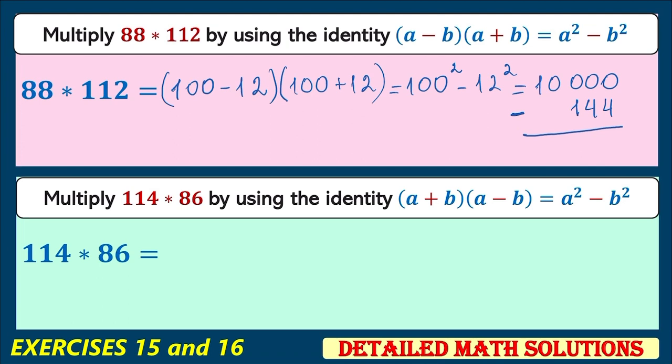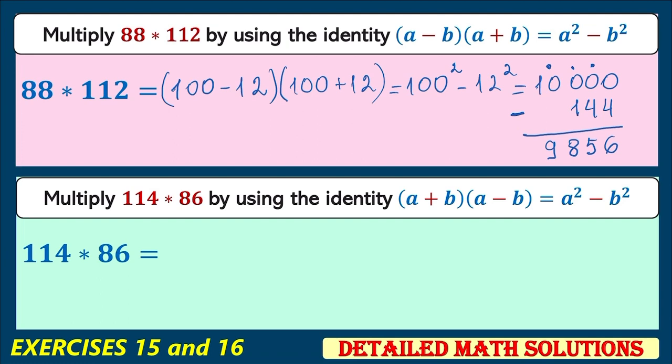When I subtract both numbers, I get 10 minus 4 is 6, then I have 9 minus 4 is 5, then I have 9 minus 1 is 8, and 9. This way, this equals 9,856.